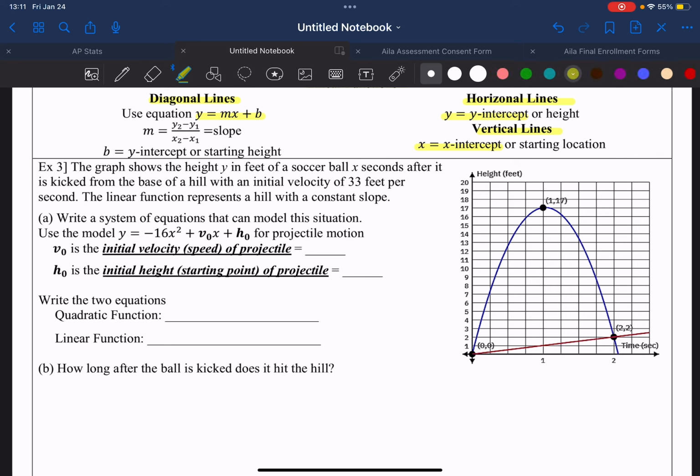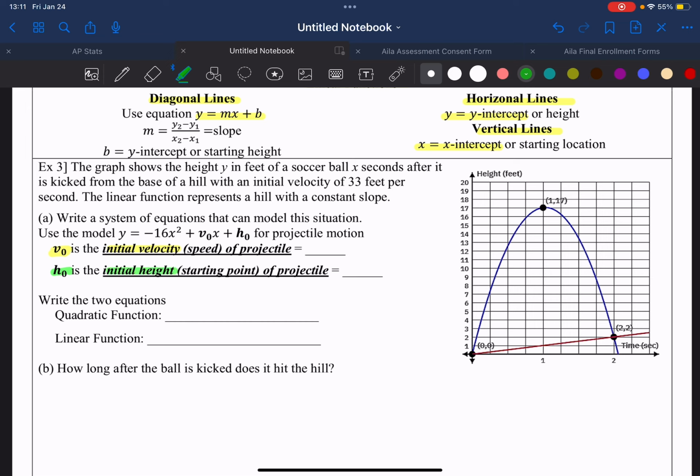Keep in mind that v sub 0 is v naught, N-O-T, the initial velocity. And h sub 0 is h naught, N-O-T, the initial height.